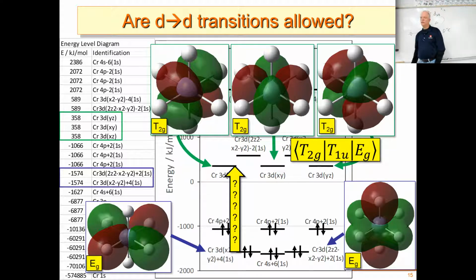And so this is the transition moment integral. First of all, could you have come up with this transition moment integral? You look down here at this energy level diagram and you see that the symmetry of these here are EG.